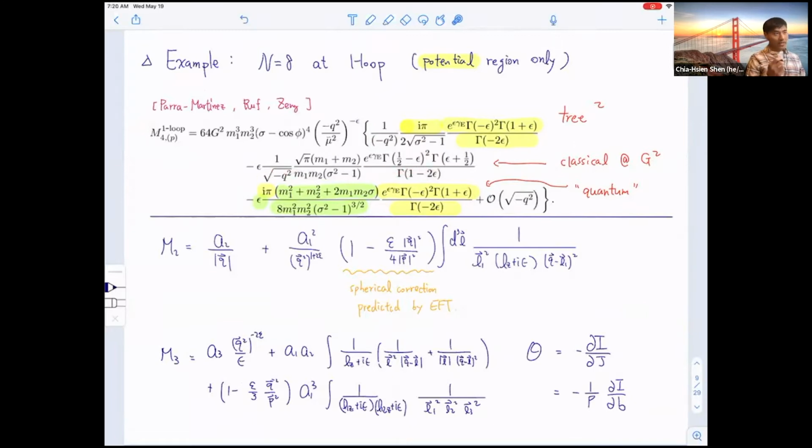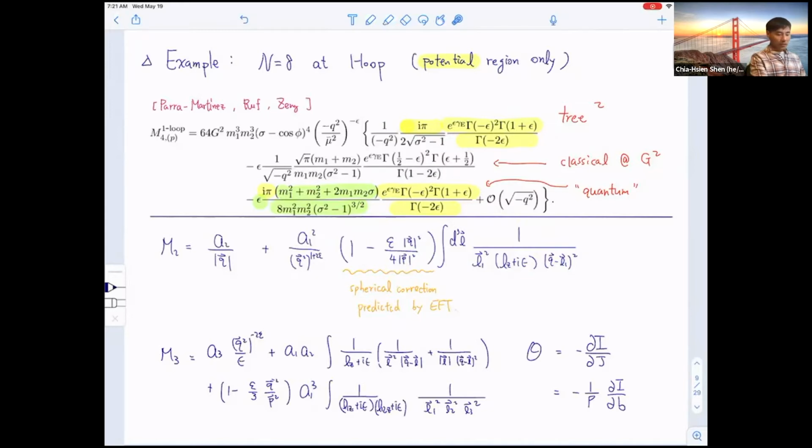But if you inspect this result closely enough, you'll see that this something that you might call quantum shares a lot of the same features. In fact, all the gamma functions of this delta function are literally the same as the tree-level squared. So we can recombine the first and the second line into this single iteration integral. And this prefactor is something suppressed by epsilon and q squared, and something that totally matches the spherical aberration factor you get from partial wave or EFT.